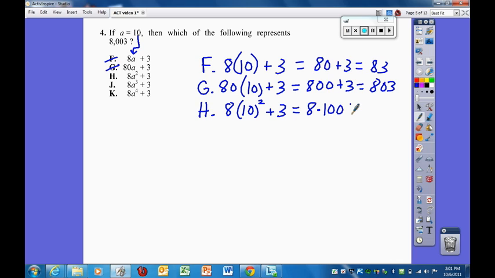And then that's plus 3. Again, moving on, we see that we have multiplication first, and we get 800 plus 3. Again, that did not come out to give us 8,003. That gives us 803.